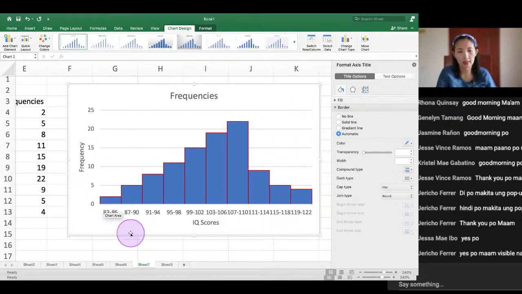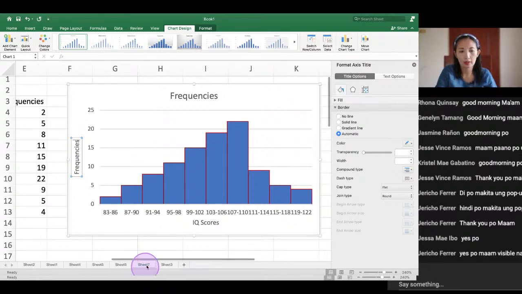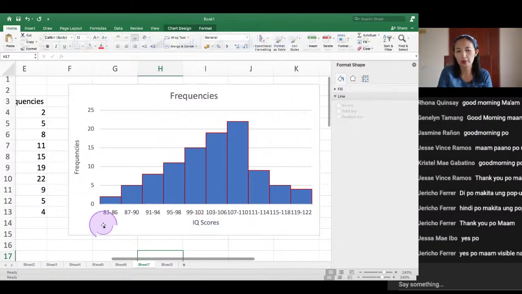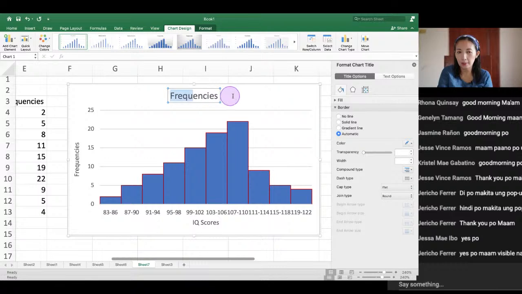To be consistent, let's make it IQ scores versus frequencies. So this is our histogram. Chart title, let's say, this should be IQ scores, but just to tell you that this is a histogram.